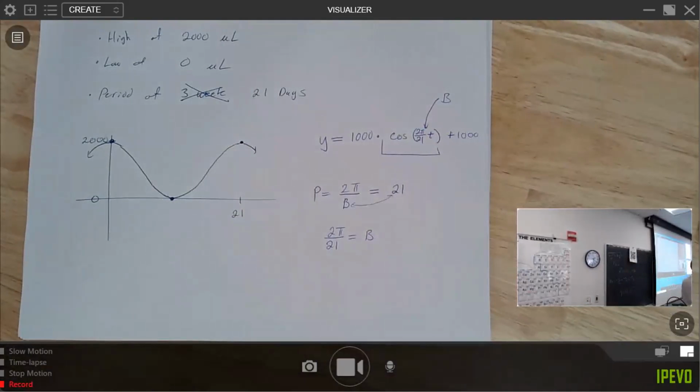Here's what I want you to think about. For a cosine or sine function to go through one full period, we have to go from, how do I say this the right way? To get one full period of a trig function, you want one full what of the circle? We want one full revolution of the circle.